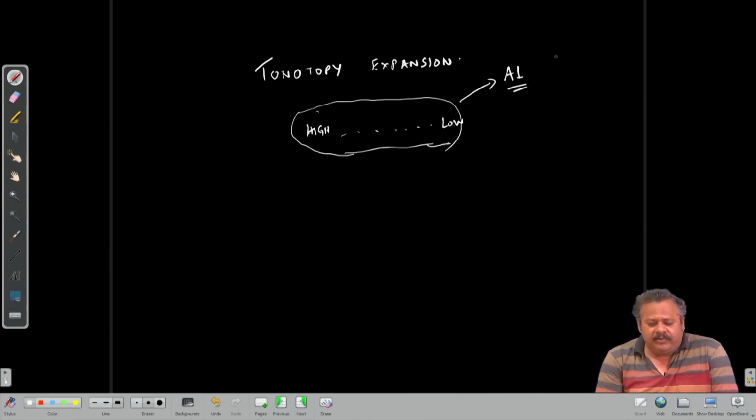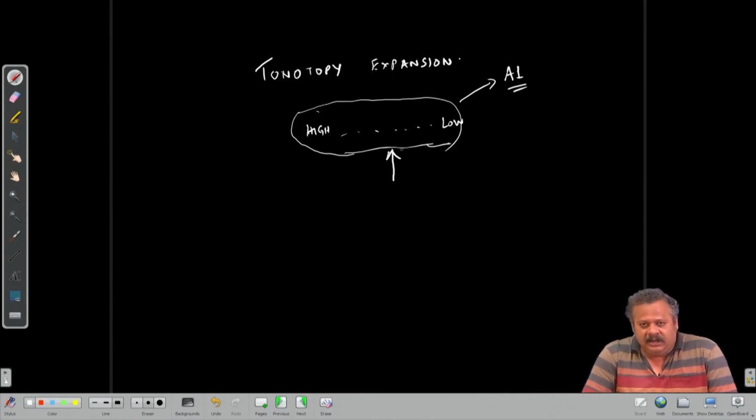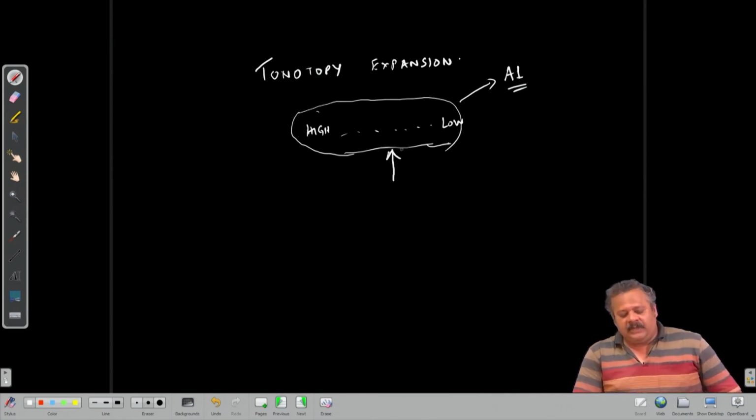And during the critical period, if one particular frequency is presented repeatedly in mice or rats, and also in other species, it has been shown that there is an expansion.